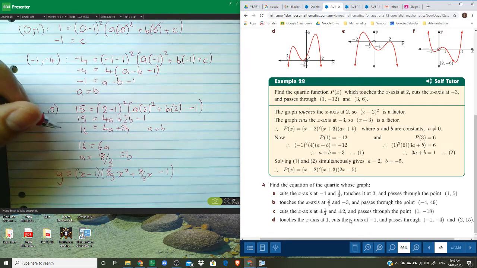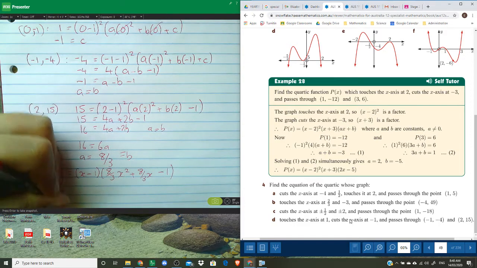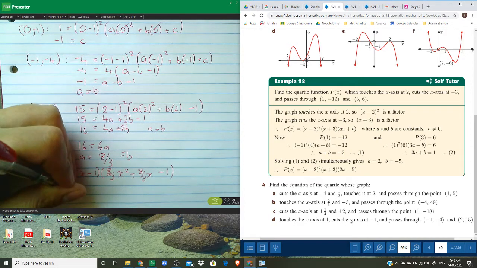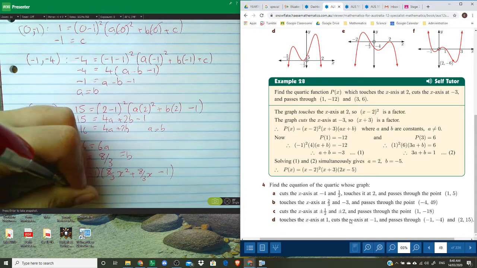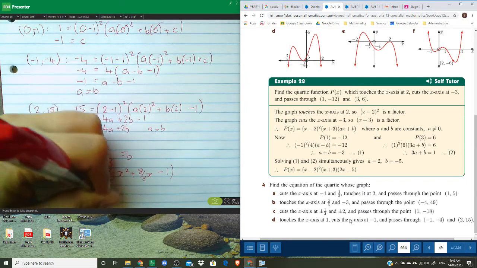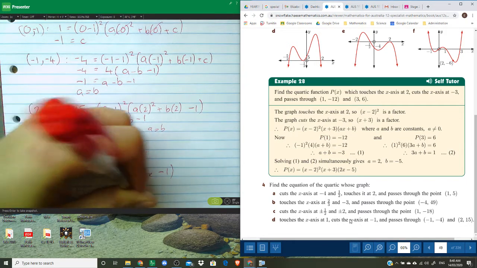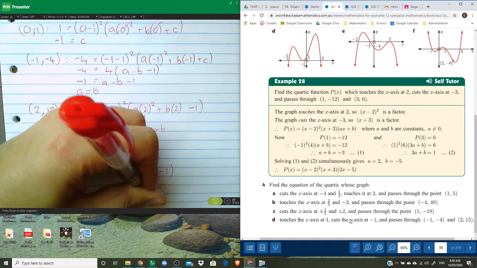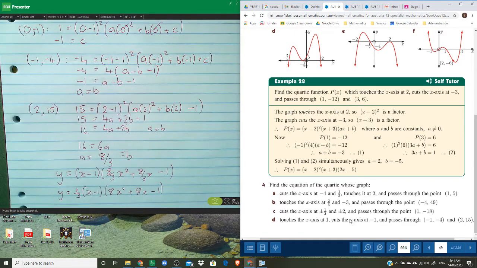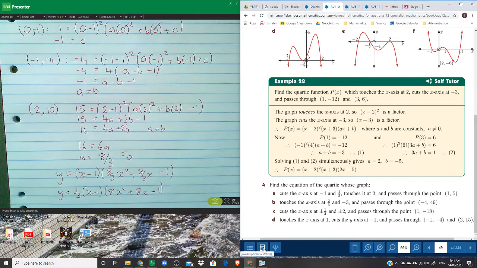Just to make things a little bit nicer, I'm going to take a third out the front. Let's make it 1/3 of (x minus 1) squared times (8x squared plus 8x minus 1).